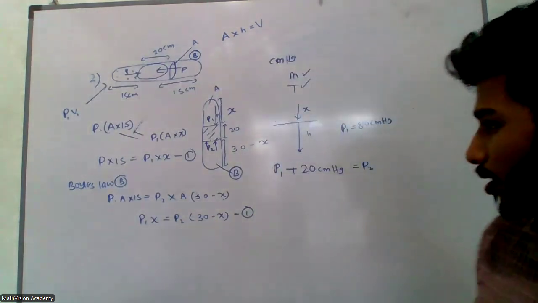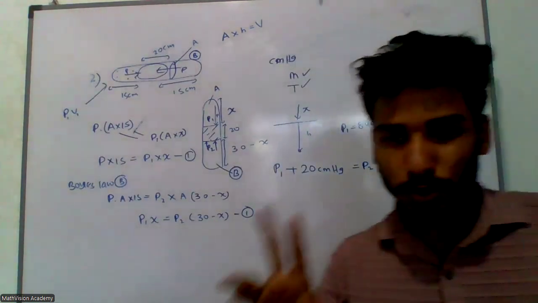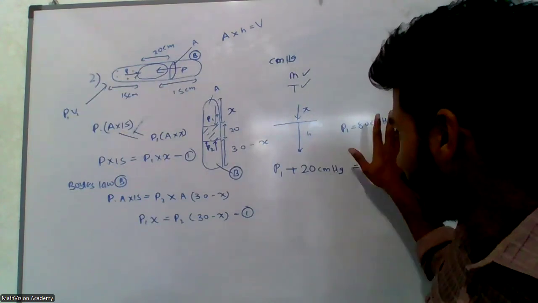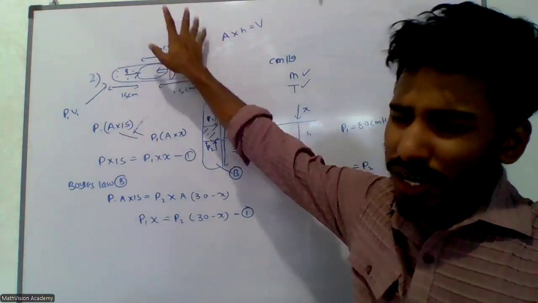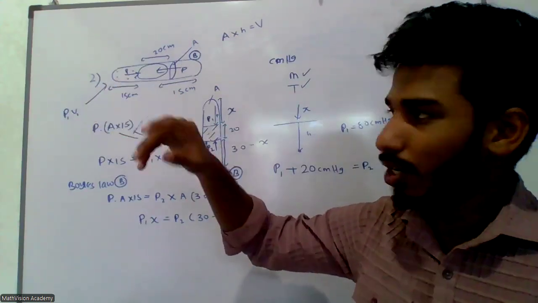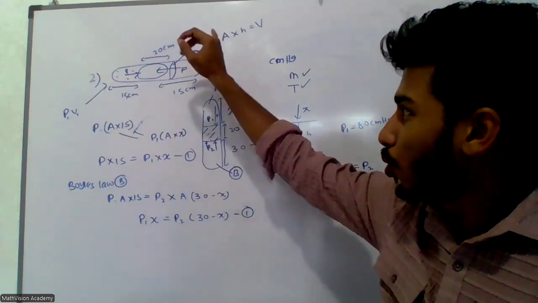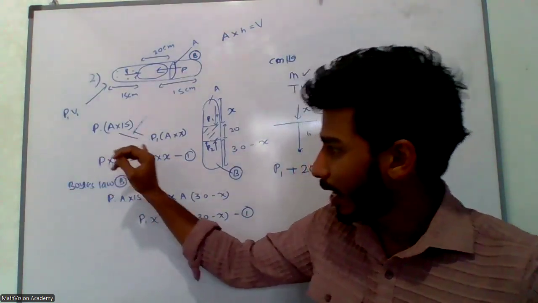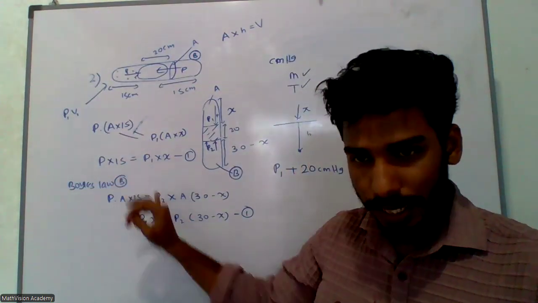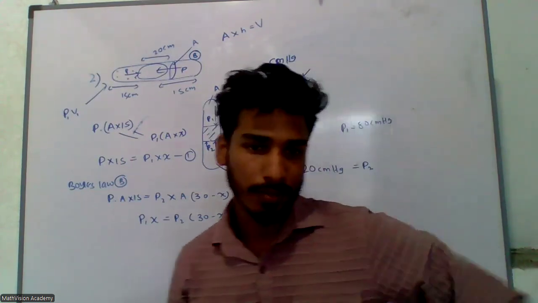I have to give either two pieces of information. If I am not giving you this, I have to say that the atmospheric pressure is 1 into 10 to the power 5 Pascal, or let's say 20 centimeter mercury. From that, I can find P1, then I can come step by step.